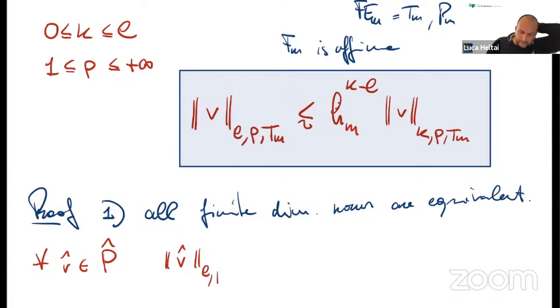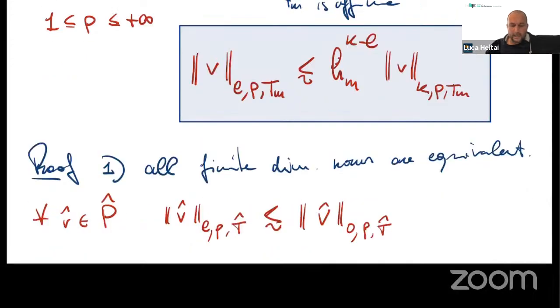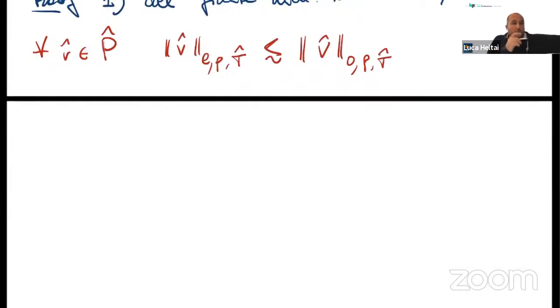So we have the norm of v in W^{l,p}(T hat) is equivalent to the norm of v hat in W^{k,p}(T hat). So no matter what you do, this proves that in the finite dimensional case, for the reference element, you have equivalence of all the norms, simply because all of them are finite dimensional.